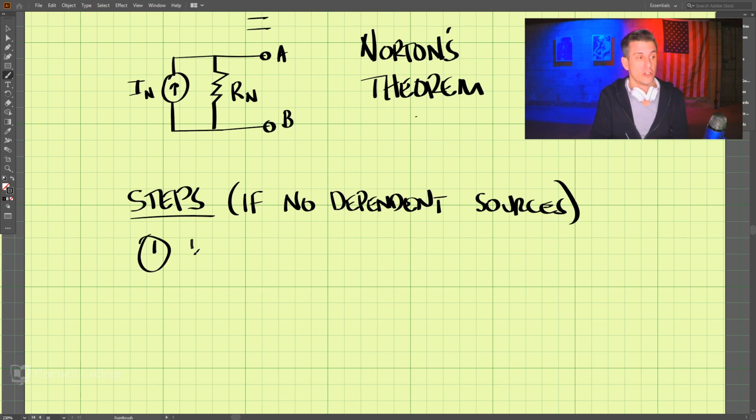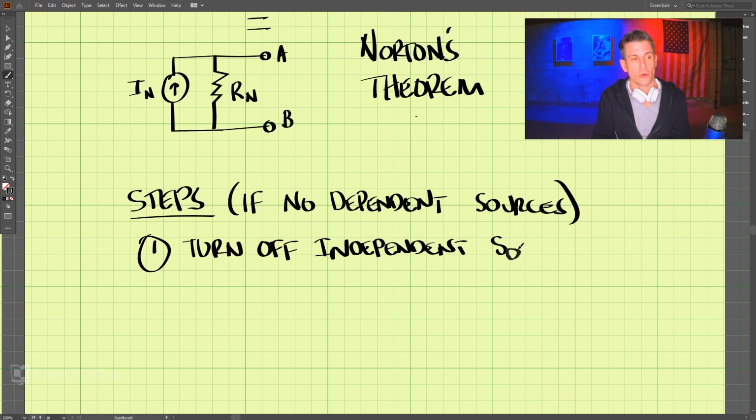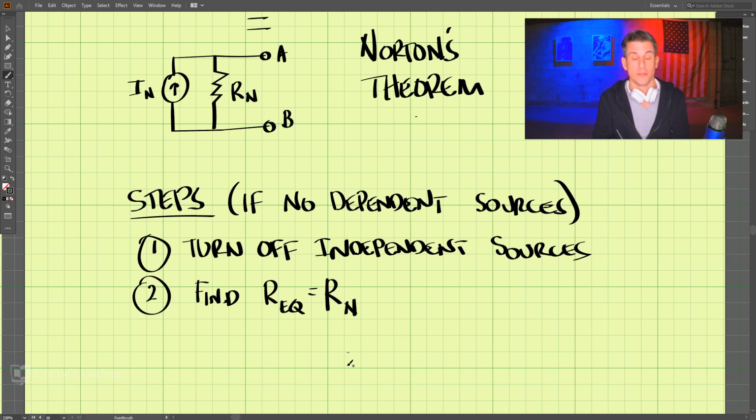First, turn off independent sources. Second, find the equivalent resistance with the sources off, and that is equal to R Norton, which is also equal to the Thevenin resistance.